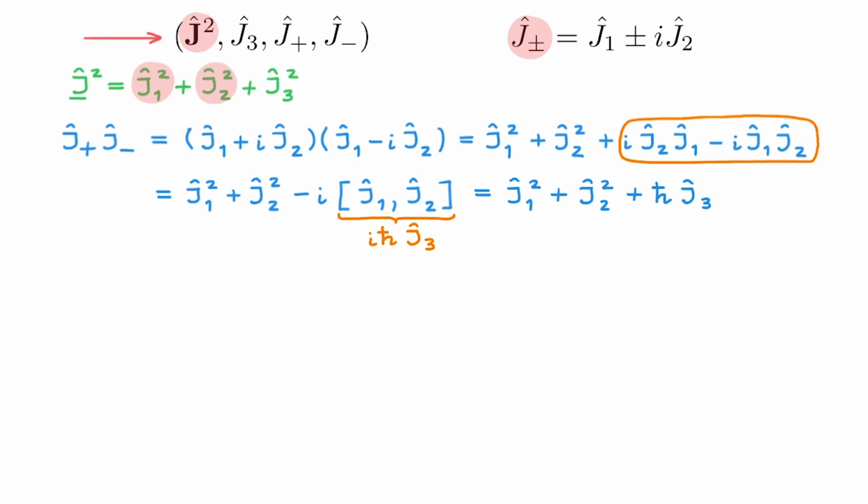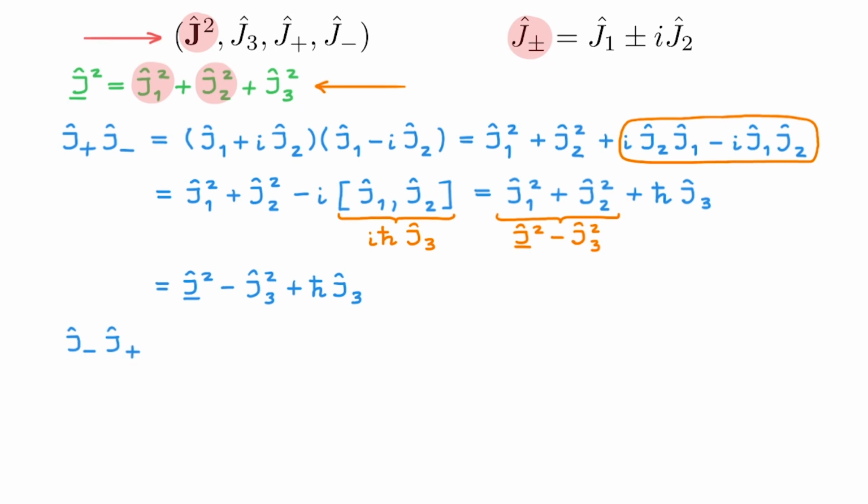We can use the expression of J squared in terms of the angular momentum components up here to rewrite the sum of these 2 terms as J squared minus J3 squared. And we get to the final expression J squared minus J3 squared plus h bar J3. Repeating the same exercise with the product J minus times J plus, we get J squared minus J3 squared minus h bar J3.